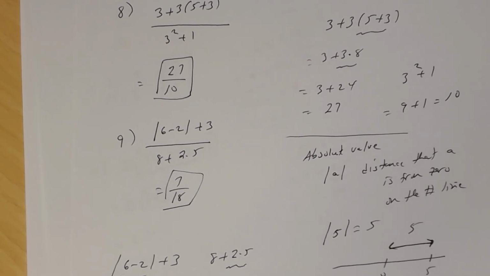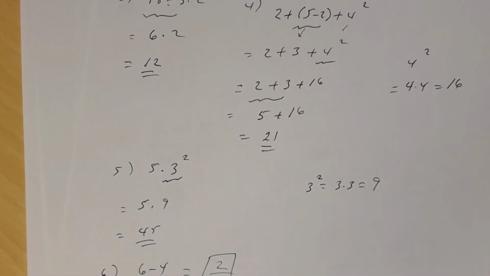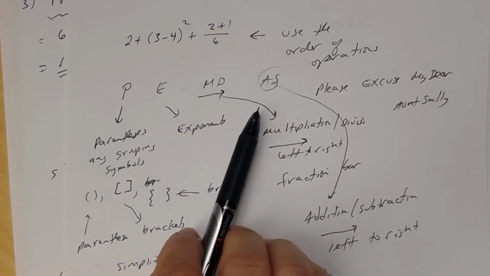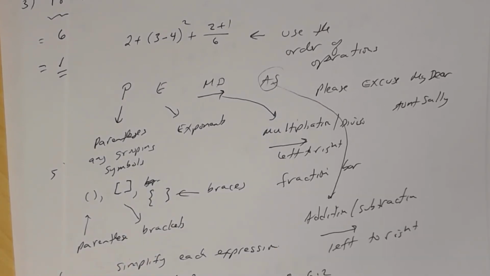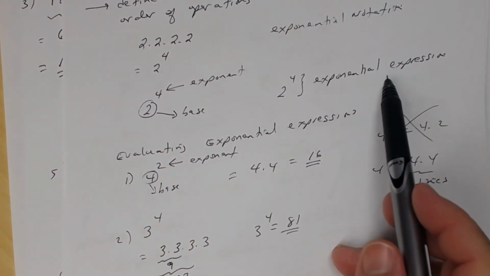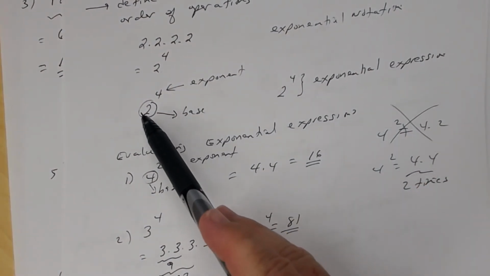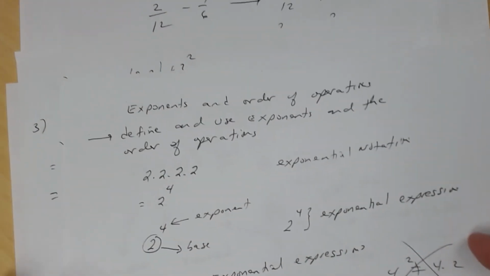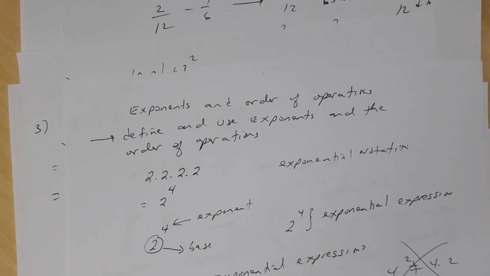And then we also discussed the idea of exponents, exponential notation, exponential expression, what a base is, and what an exponent is. Okay, so that takes care of this part of the lesson.